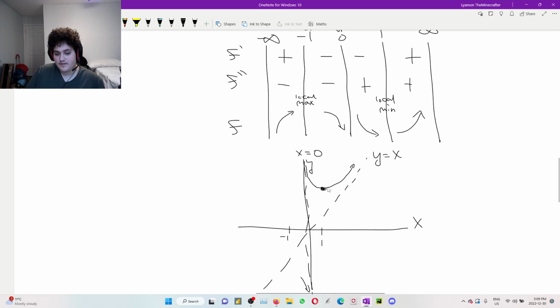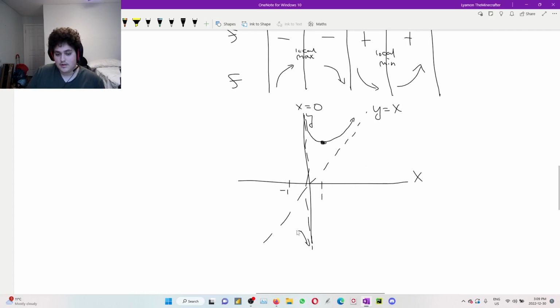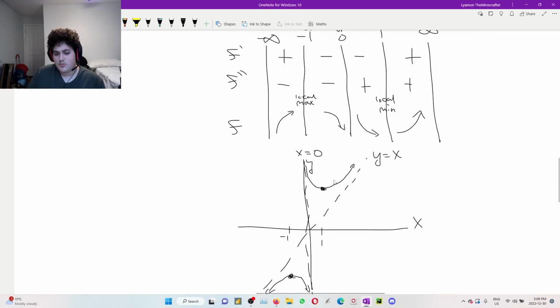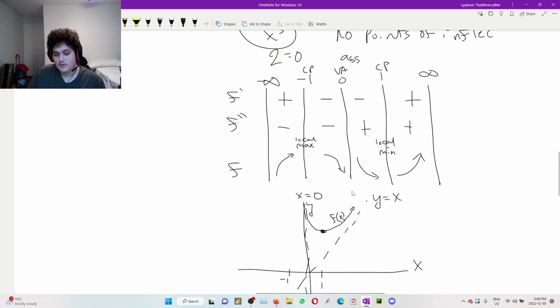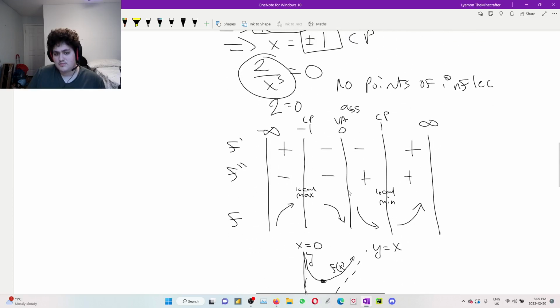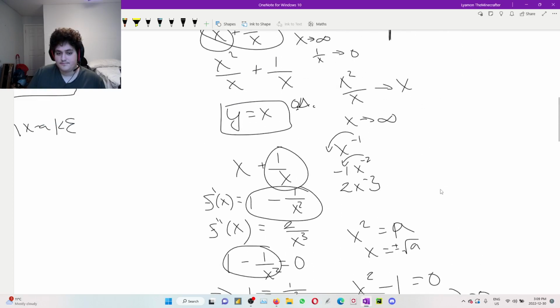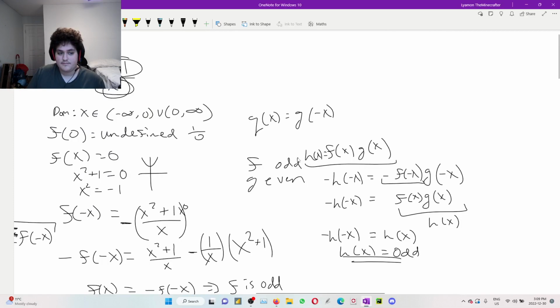So it's going to be over here and over here. And if we wanted to find the value of these points, we could find them pretty easily by plugging into the original f of x, which was, I believe, x squared plus 1 over x, right?